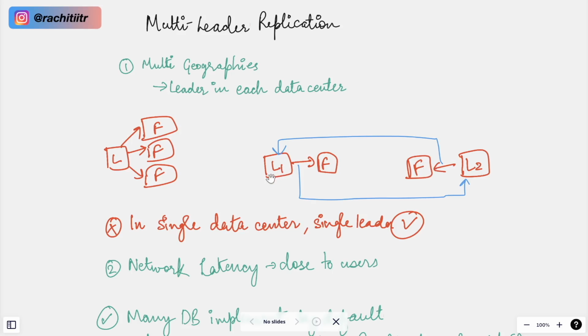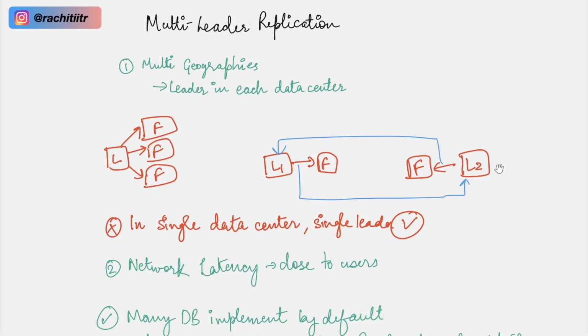But now L1 is not just syncing to the followers in its data center, it's also performing replication all the way to a different data center, using the leader L2 and having a replication closed loop cycle with L2. Similarly, L2, which replicates with the followers in its data center, is also replicating beyond its data center to L1, which is in a different data center.